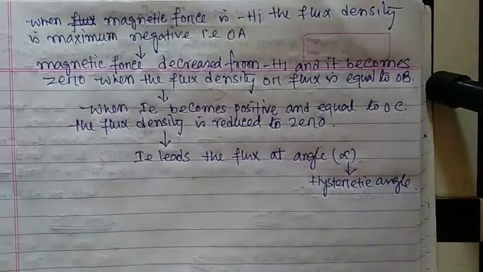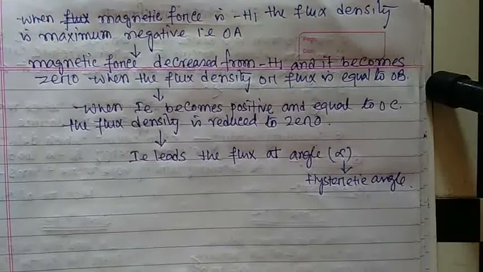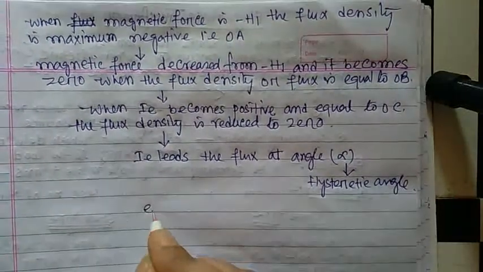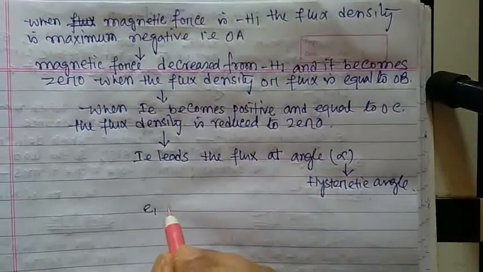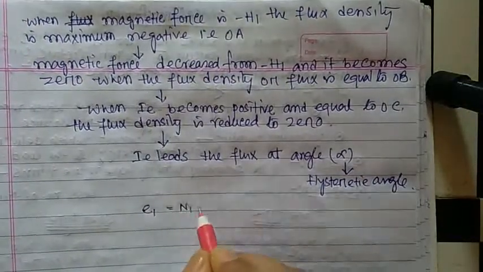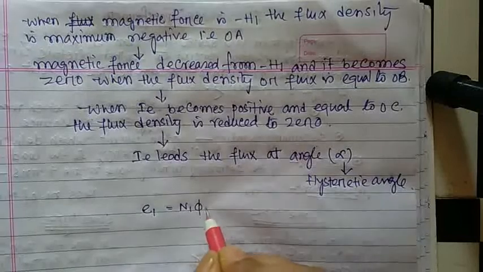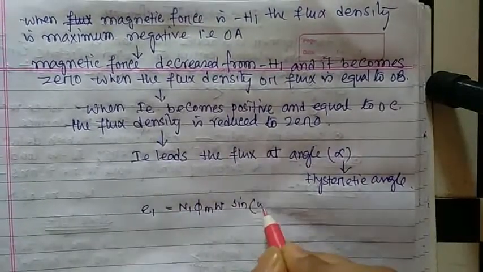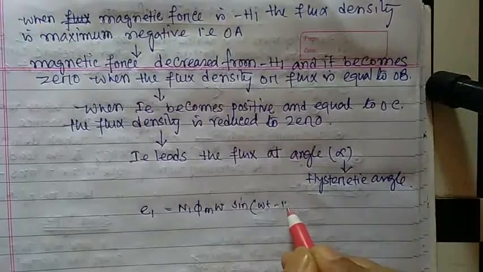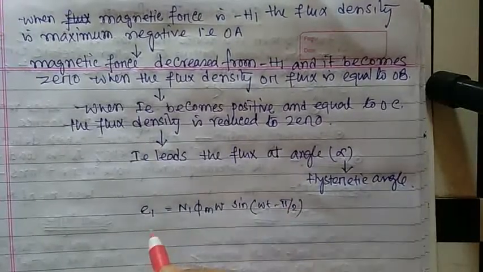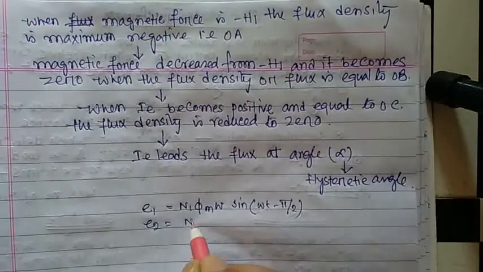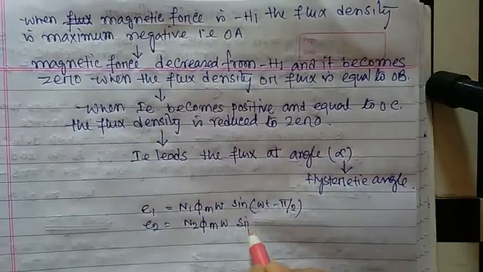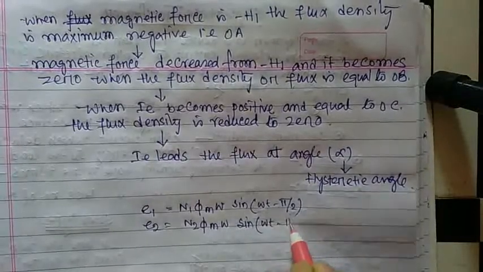Now, as we know from the transformer equation, E1 equals N1 phi max omega sine omega t minus pi by 2, or E2 equals N2 phi max omega sine omega t minus pi by 2.